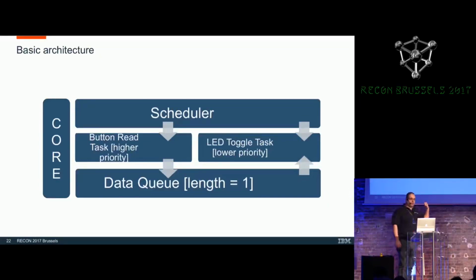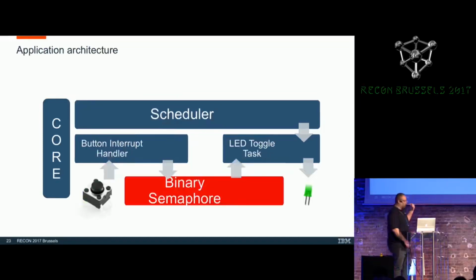This is not how it is actually done on embedded devices, so I created a little bit better architecture. The problem with the first architecture is that the device will never go to sleep, so we have a problem with power consumption. In this case, I have changed the button handler to be an interrupt. So the device can go to sleep, and only when you press the button will you generate an interrupt and wake up the device. The device will detect that it was woken up by an external interrupt, and it will trigger the binary semaphore.